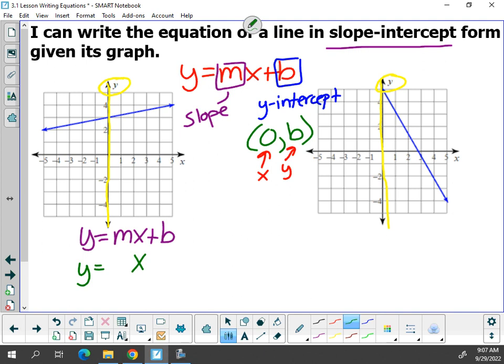I think b is probably the easiest to find. It's right there where it crosses the y-axis. It has coordinates 0 always for x and 1, 2, 3 for y. And so, like we said, b is the y value. In this case, our y value is positive plus 3.